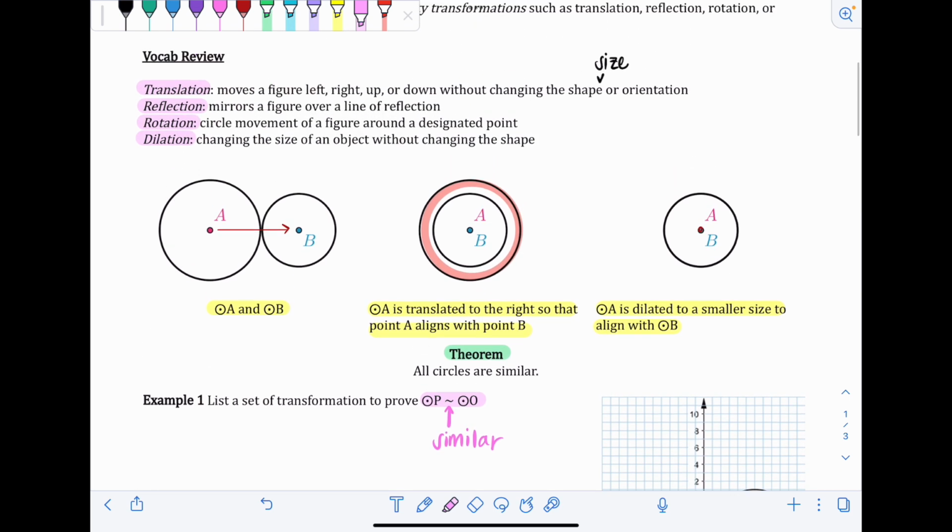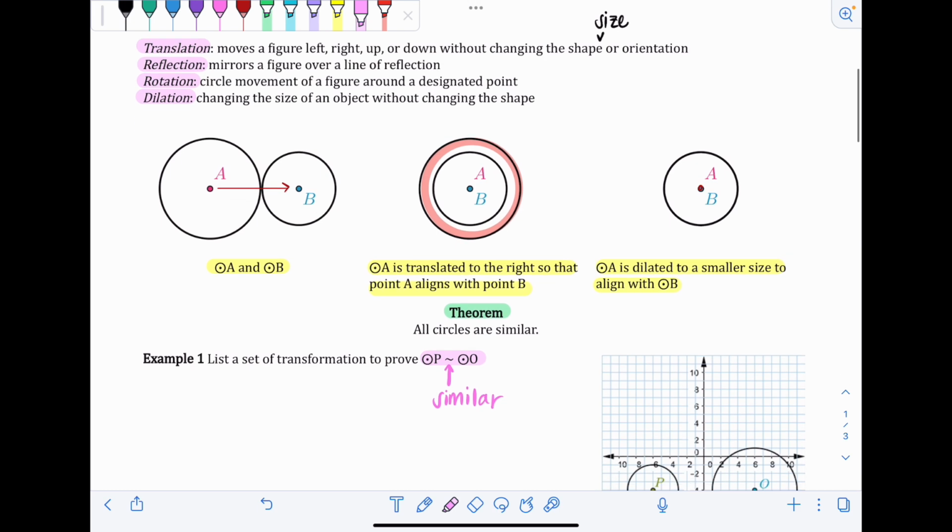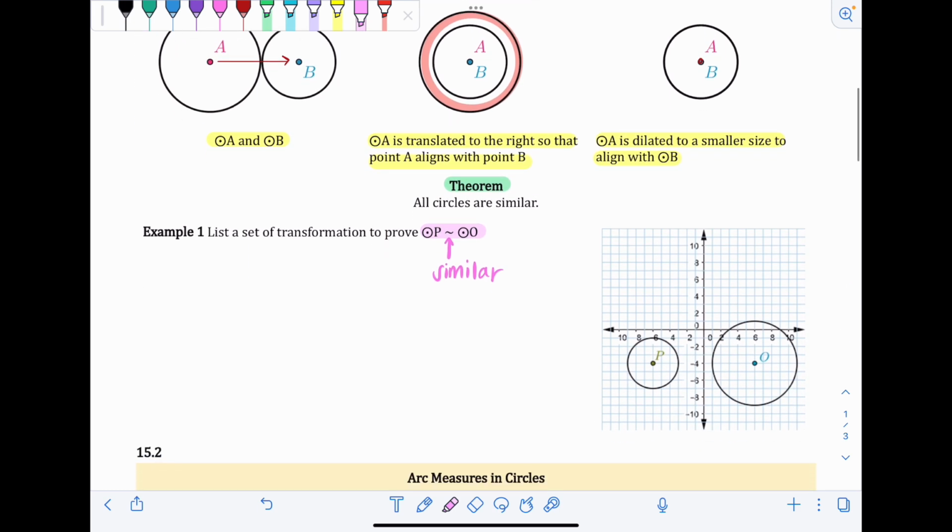So any combination of translation, reflection, rotation, or dilation. The thing about these problems is there are different routes that you can take. You may have a set of transformations in your head that could be different than mine, and that doesn't mean they're incorrect. It's just like taking two different roads to the same final destination.